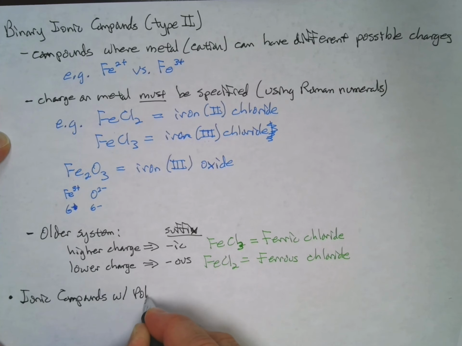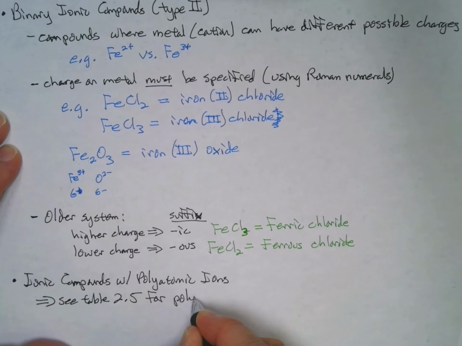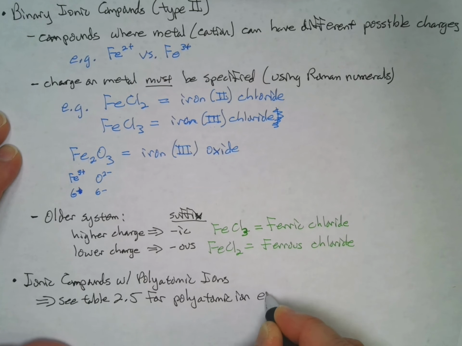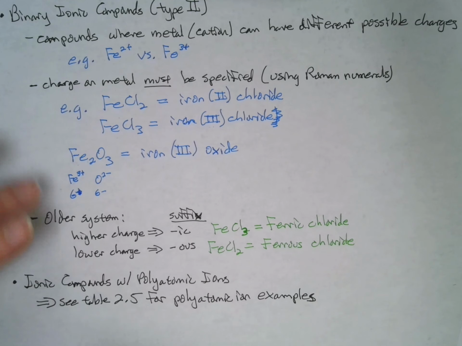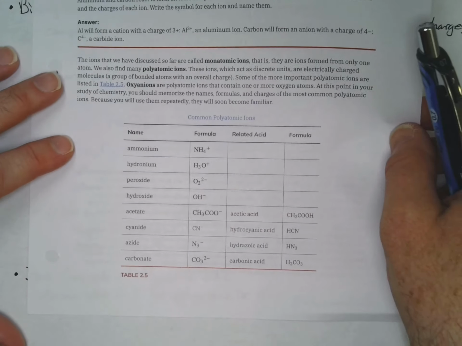You should take a look at table 2.5 for some examples of polyatomic ions. So let me bring in table 2.5 here.